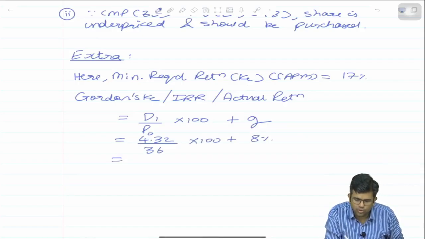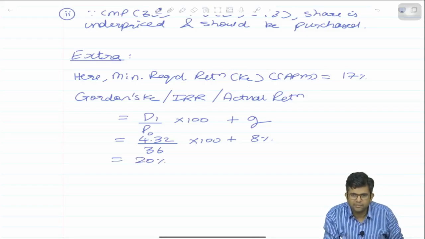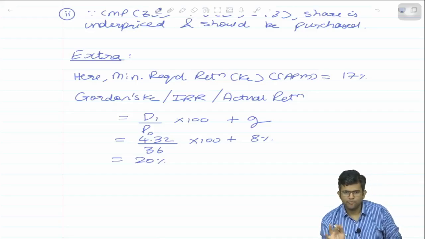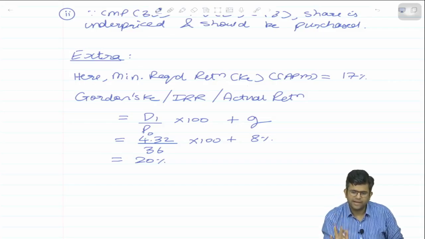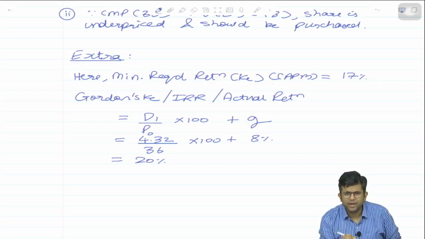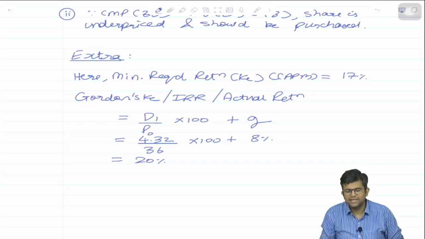If you do that, you should get something like 20%. Please check. 4.32 divided by 36 into 100, whatever you got, plus 8. Did you get 20? So can you see by this also you can understand that you should buy the share? How? It's there in front of you.